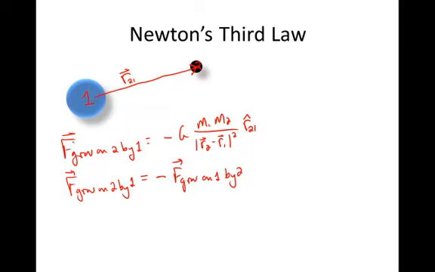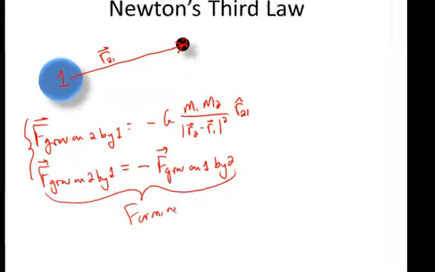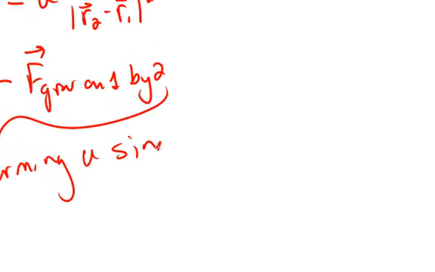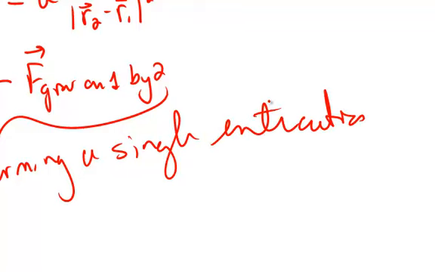So we would refer to this set of two forces as forming a single interaction, and we would refer to this force and this force as third law pairs. In other words, they form part of a single interaction.